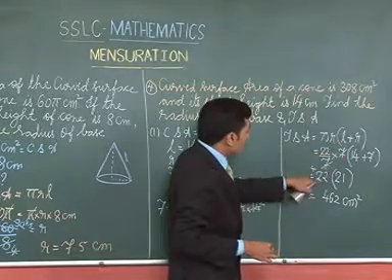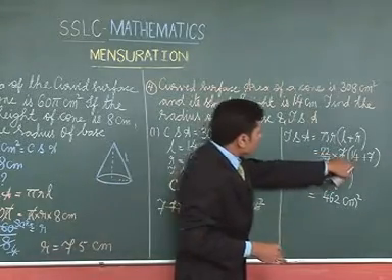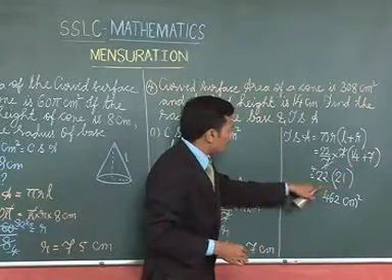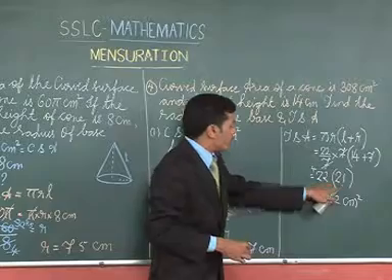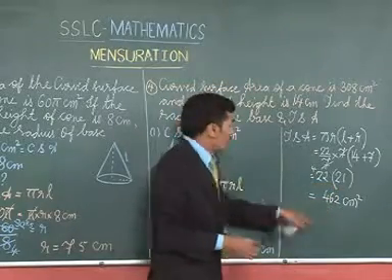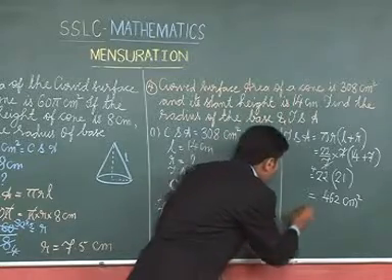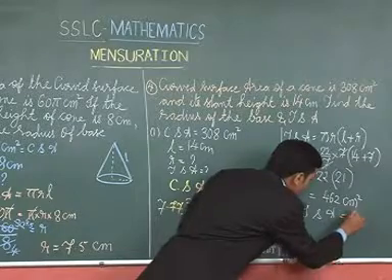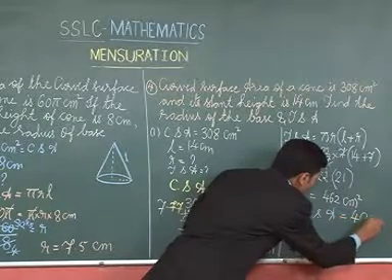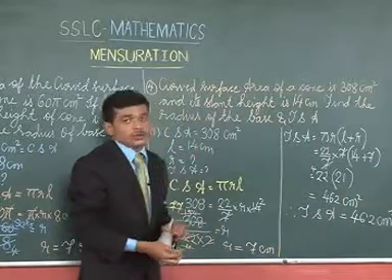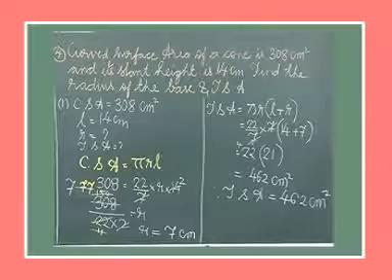So we got 22 into 14 plus 7, that gives us 21. So when we multiplied 22 into 21, we got the value 462 centimeters square. So at the end you can write the TSA of the given cone is 462 centimeters square. So this completes your solution, and this fetches you the full marks.